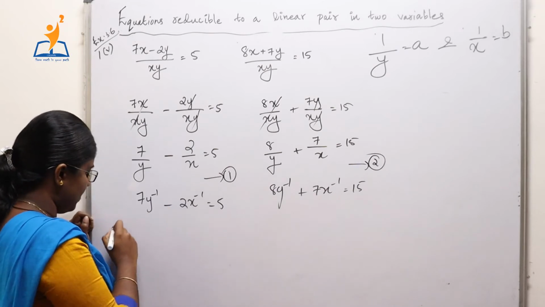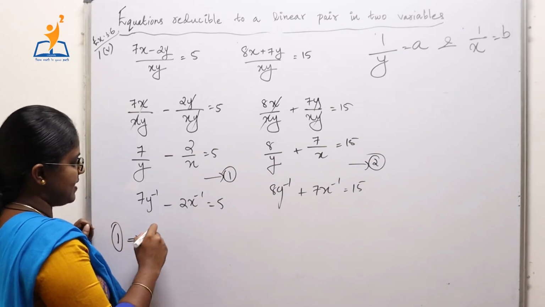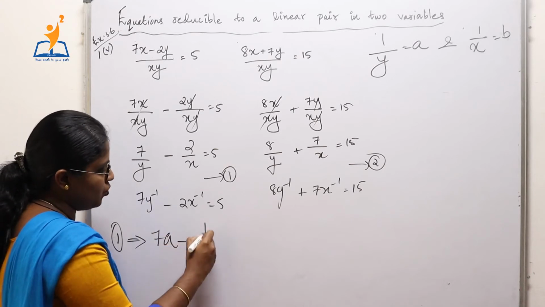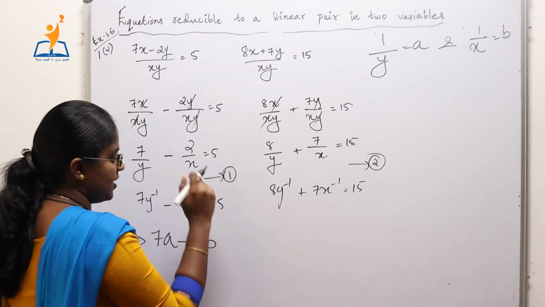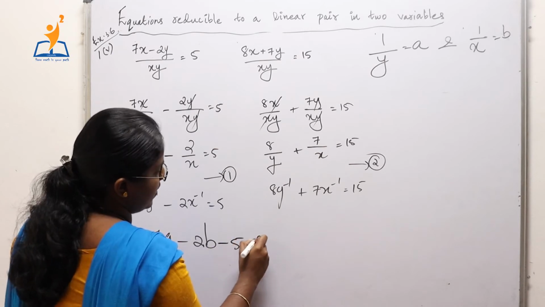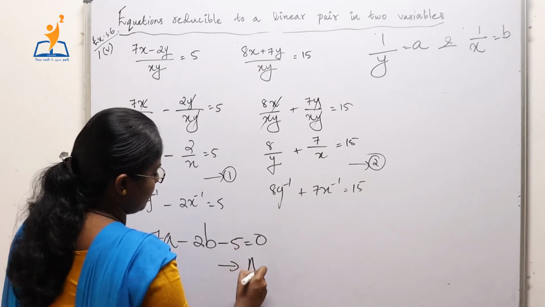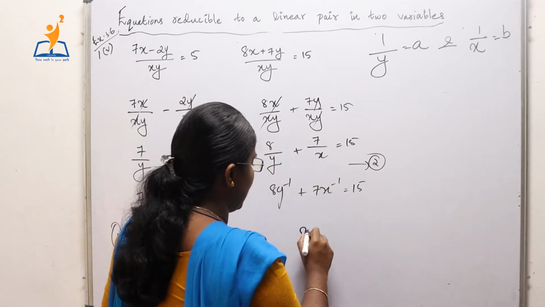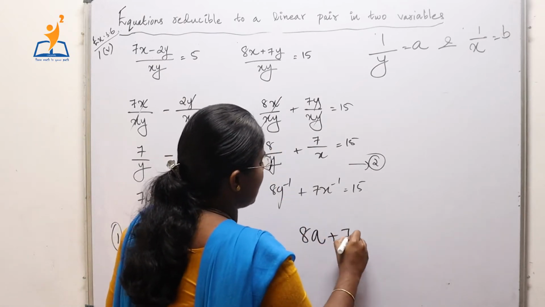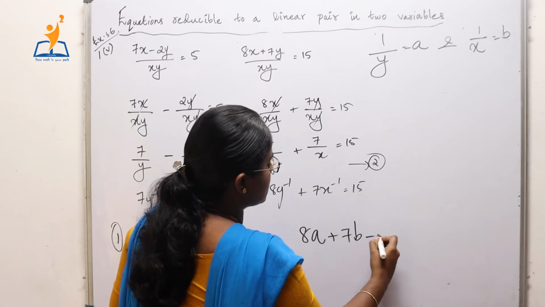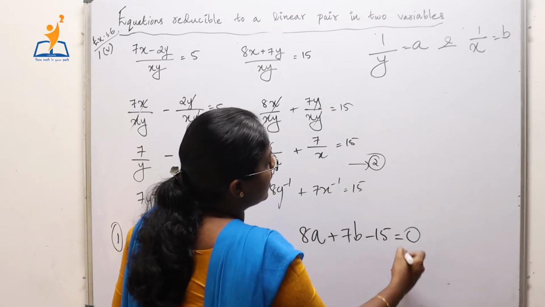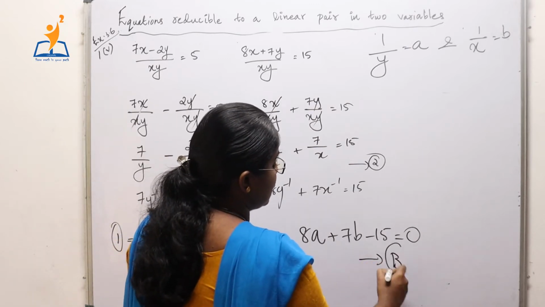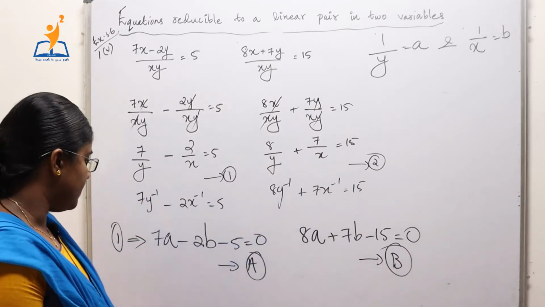So equation 1 will become 7a minus 2b. Taking this 5 to this side, we will get minus 5 equal to 0. This is our new form of equation number 1, that is equation number a. Now this will become 8a plus 7b, 15 taken to this side becomes minus 15 equal to 0. This is our new form of equation number 2, that is equation number b.